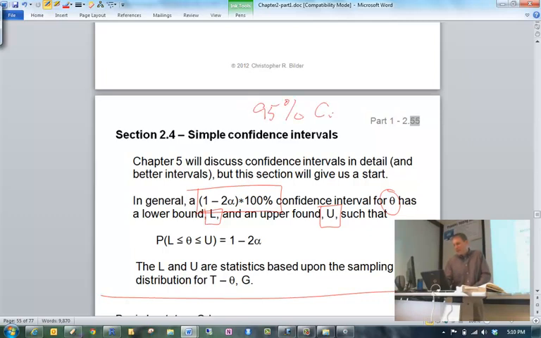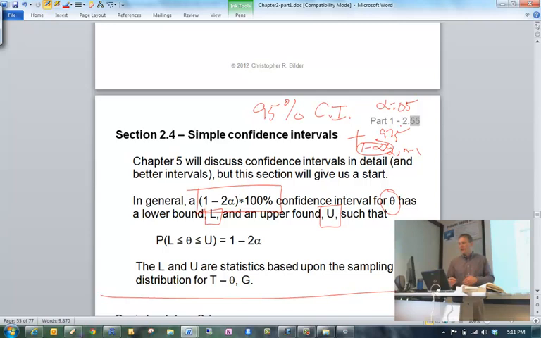So if I want to find a 95% confidence interval, normally we would say alpha is 0.05, and if I find a confidence interval for mu using a t distribution-based formula, I would find the 1 minus alpha divided by 2 quantile from a t distribution with n minus 1 degrees of freedom. In this case, I would use alpha 0.05, and this would be 0.975, right?